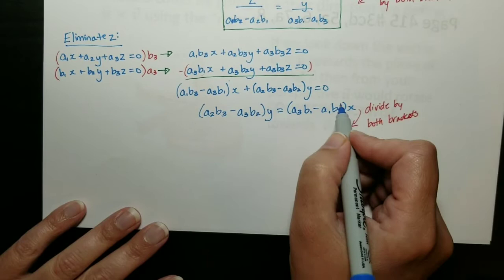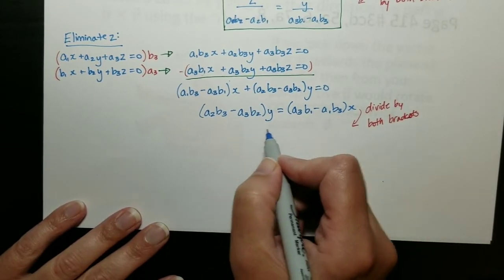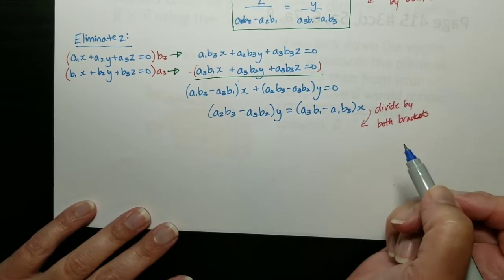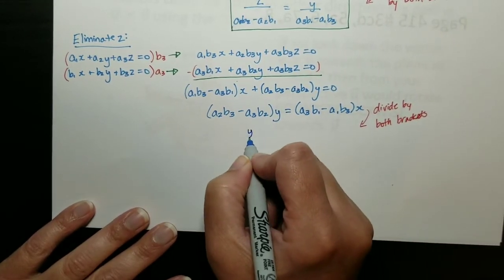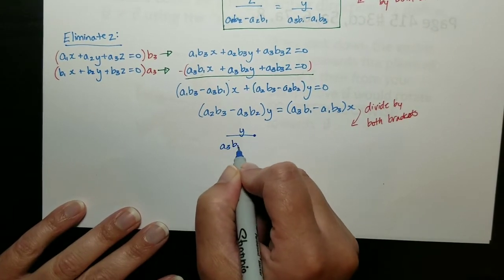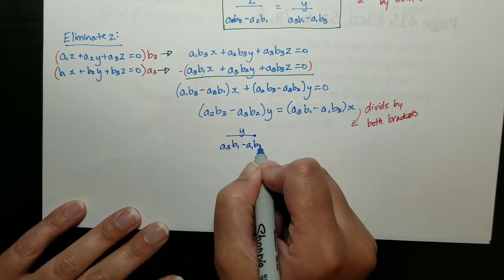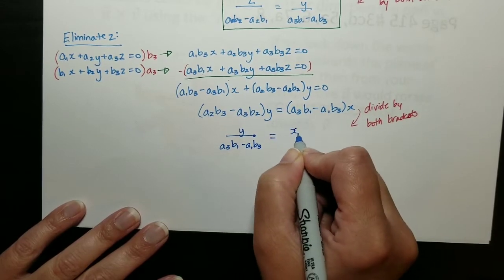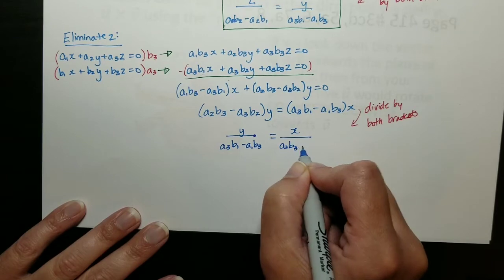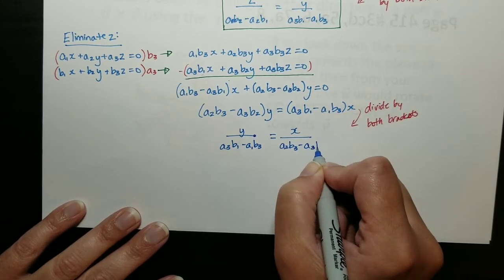But if this bracket divides down here, and this one divides down there, they would cancel out with themselves. So I will get y over a3b1 minus a1b3 equals x over a2b3 minus a3b2.